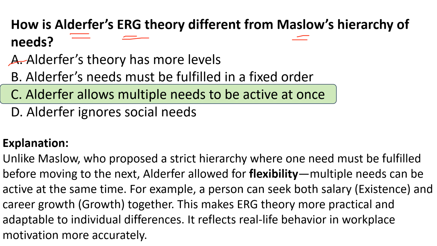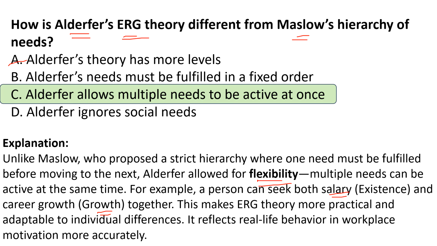Then only you will be more productive in time. But Alderfer is saying that all needs can be pursued at once. That is the flexibility he described: multiple needs can be active at the same time. He has given an example as well. A person can seek both salary, that means existence, and career growth, that is growth.